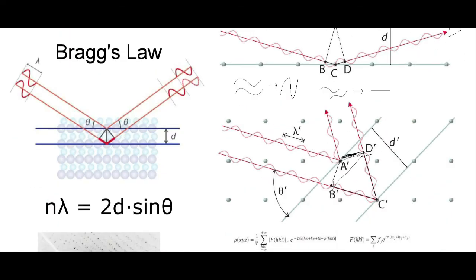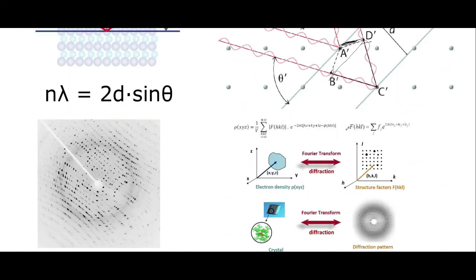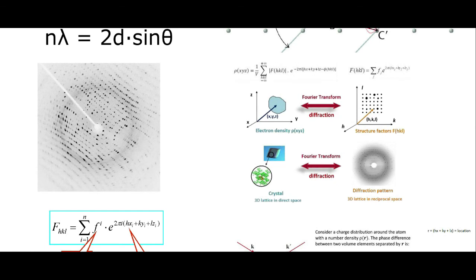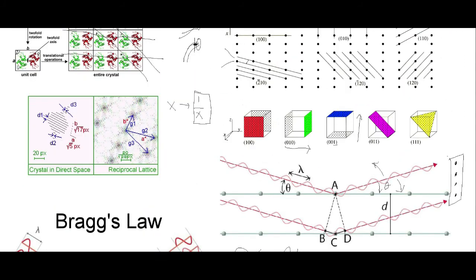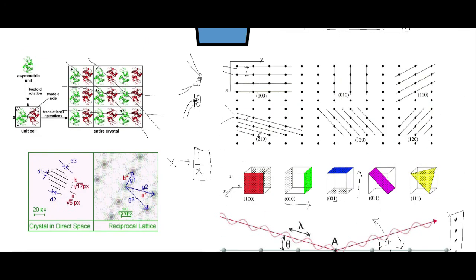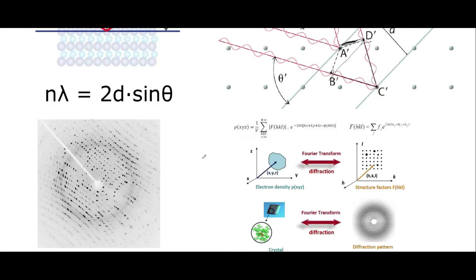And so these are going to give us different reflections, and what we will end up with is a reflection pattern that looks like this. Each of these little dark spots are reflections off of the different planes, the different Bragg planes, or the Miller indices, if you will.